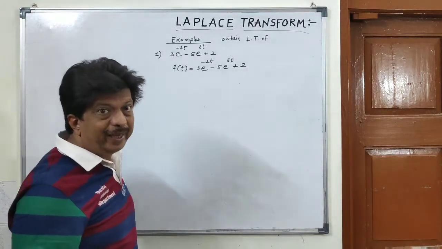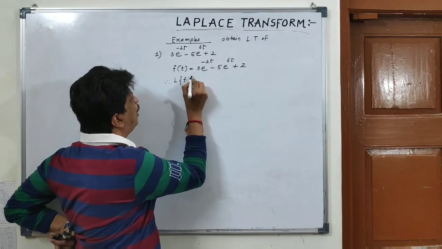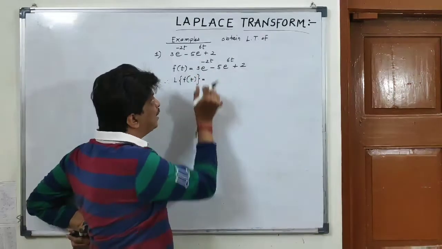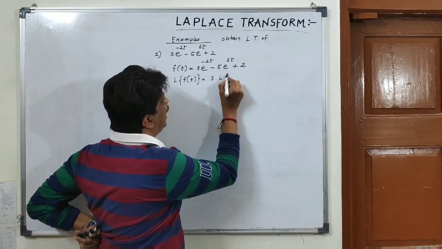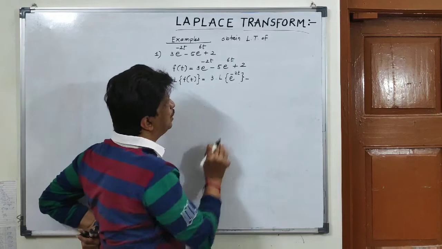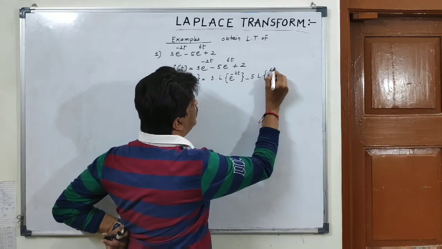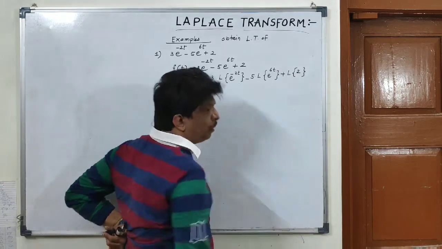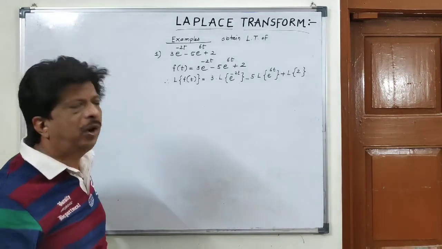Now I will take the Laplace transform of both sides. Therefore, Laplace transform of f of t is equal to 3 times Laplace transform of e raised to power minus 2t minus 5 times Laplace transform of e raised to power 6t plus Laplace transform of 2. All these 3 functions are standardized, which means you already know their Laplace transforms.